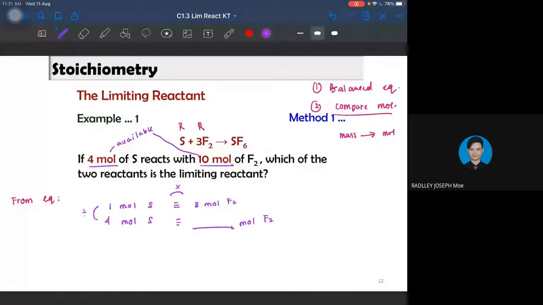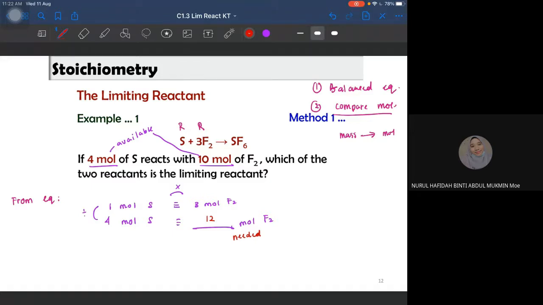Dapat? 12. Okay, so apa maksudnya daripada sini? Kalau kamu gunakan 4 mole of sulfur, kamu perlukan, ini needed, you need 12 mole of F2.